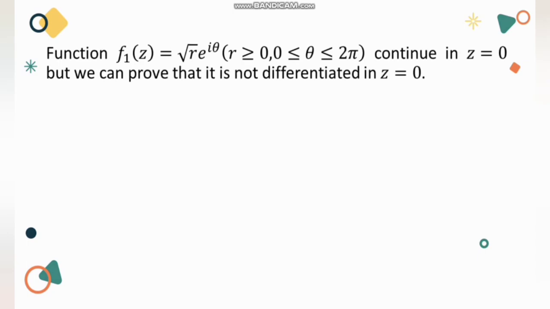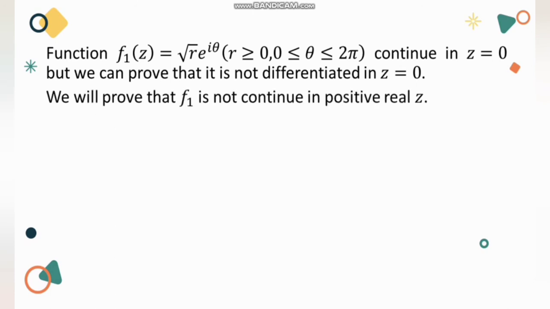Function f1(z) equals the square root of r e to the power i theta in the domain r greater than or equal to 0 and 0 less than or equal to theta less than or equal to 2π, continuous at z equals 0. But we can prove that it is not differentiable at z equals 0.